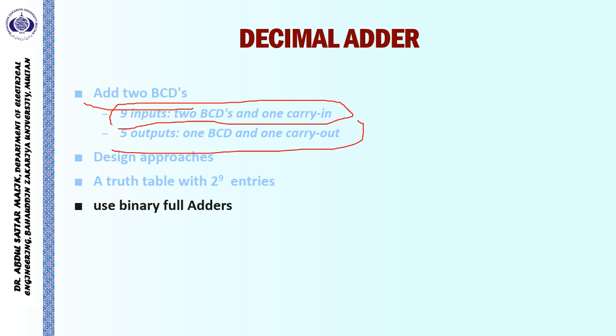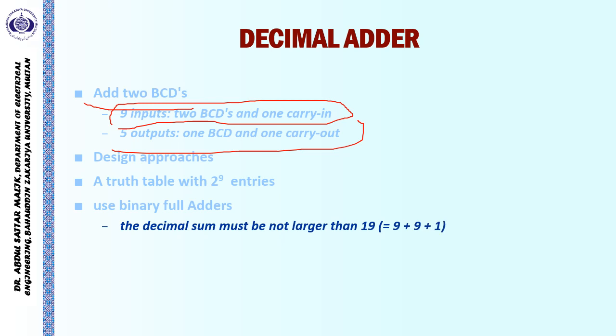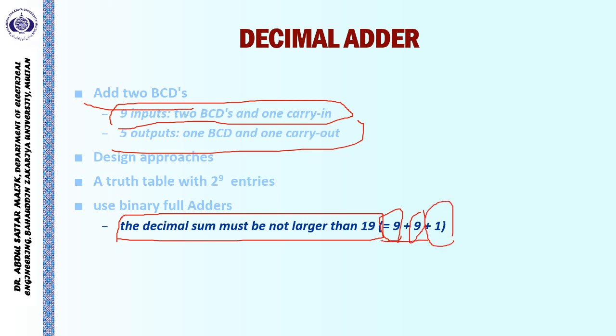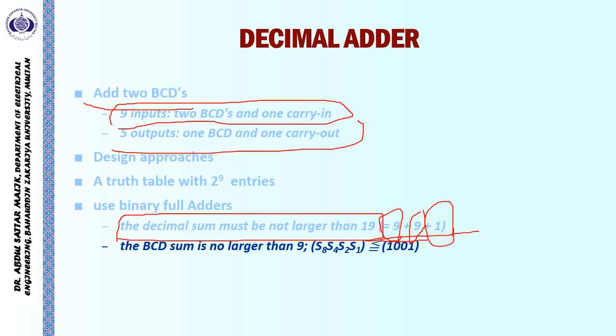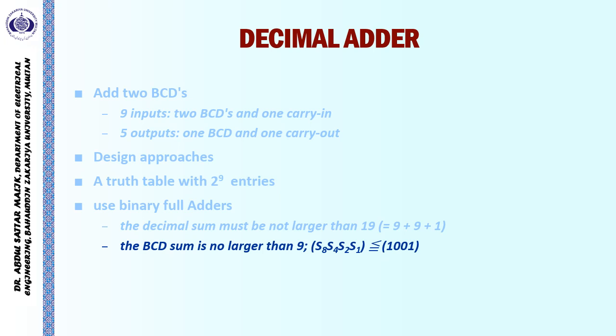The other approach is to use binary full adders, and the decimal sum must not be larger than 19, because if one number has the maximum value 9 and the other number also has the maximum value 9, and if there is a previous carry, still the sum cannot be more than 19. The BCD sum cannot be more than 9. In general, the BCD sum should also be within 9.